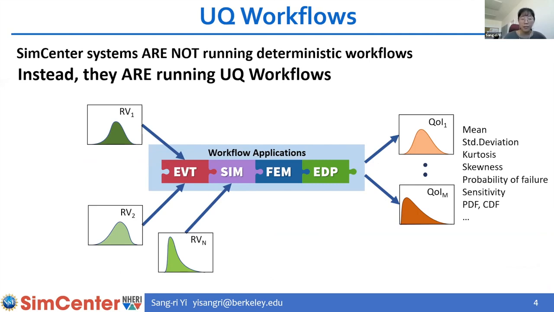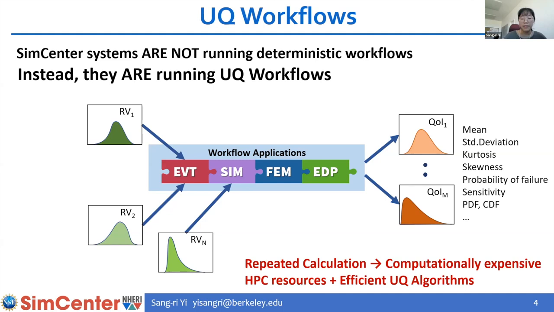Therefore, from the user's perspective, they need to provide additional information, such as distribution of parameters. And from the perspective of the workflow, it requires multiple simulations of this whole flow for different combinations of possible parameters. Therefore, it can be computationally burdensome. And we try to overcome this using HPC resources and, in the UQ aspect, by implementing efficient UQ algorithms.